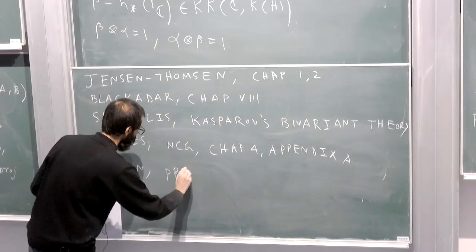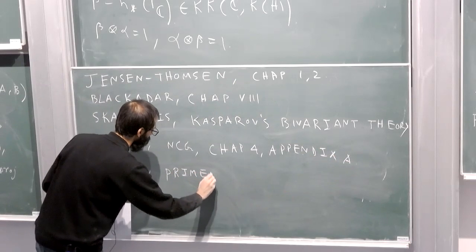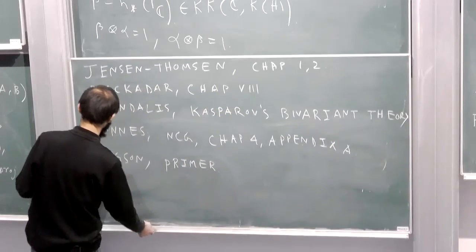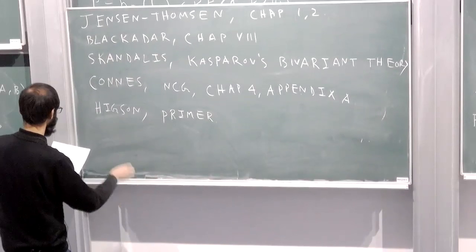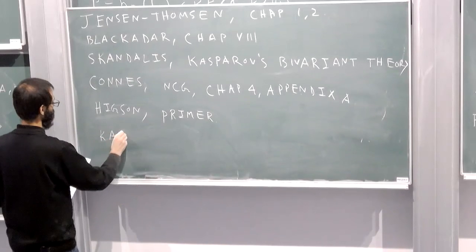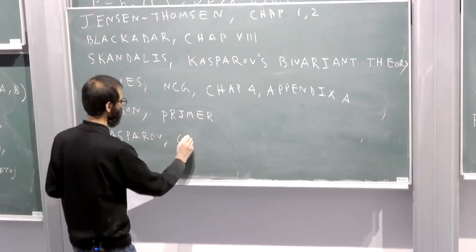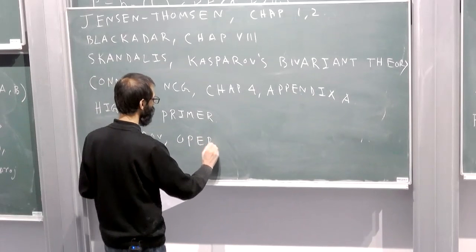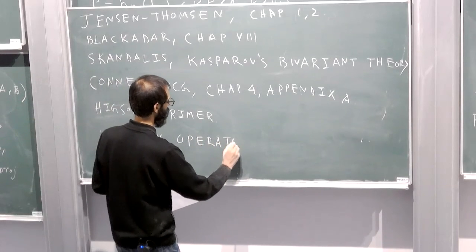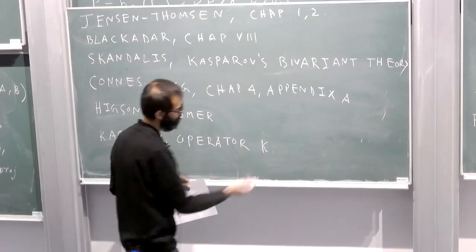The note is called A Primer on KK Theory. And obviously, Kasparov's paper is called Operator K-functor. Yeah, that's it.